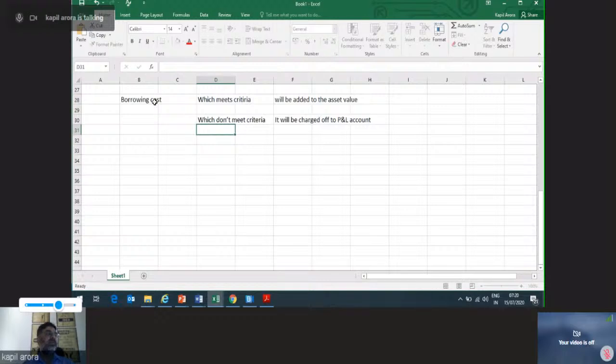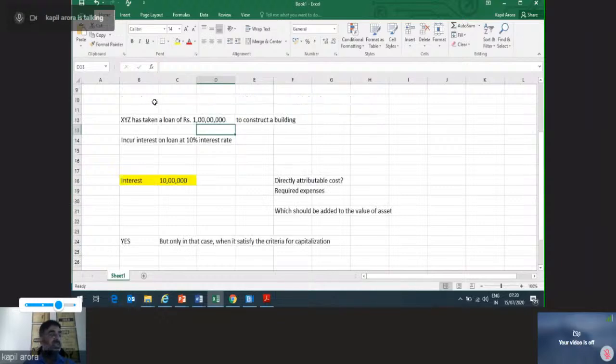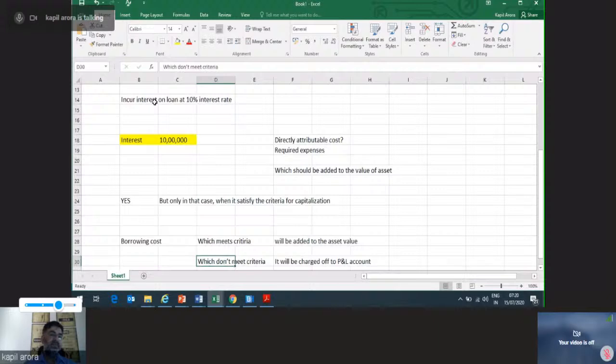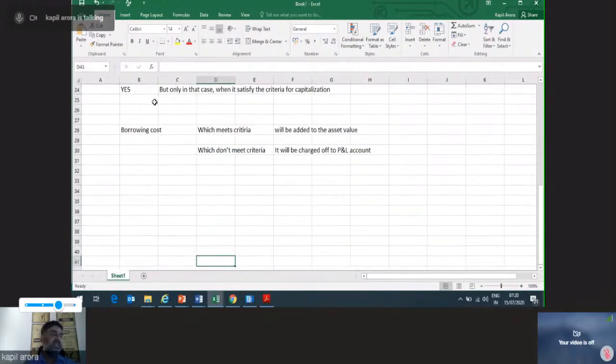So directly attributable means something which is required, without which your asset will not be completed, right? So it should be directly attributable expenses only, and it should also meet the criteria.